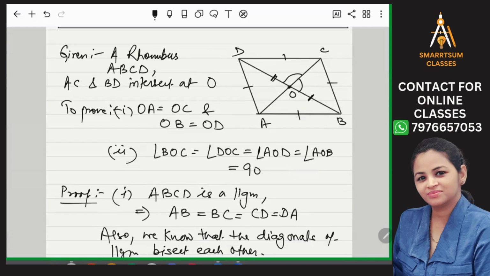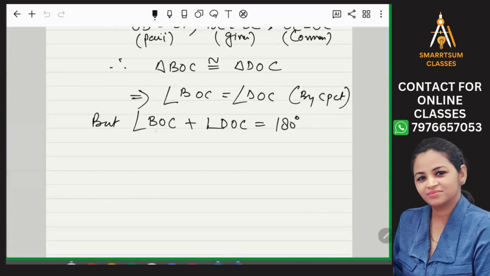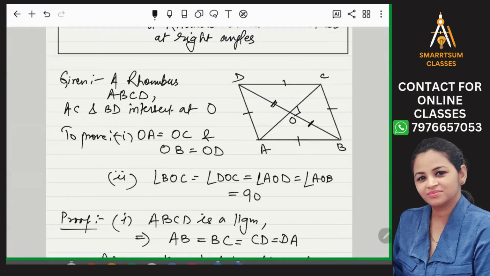So BOC plus DOC is 180 degrees, and both are the same. That means angle BOC is equal to angle DOC is equal to 90 degrees. So we have proved that angles BOC and DOC are each 90 degrees.